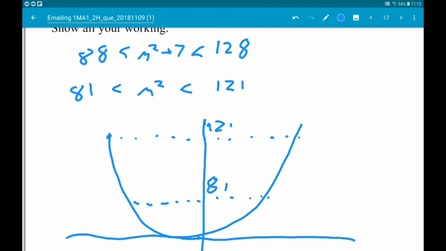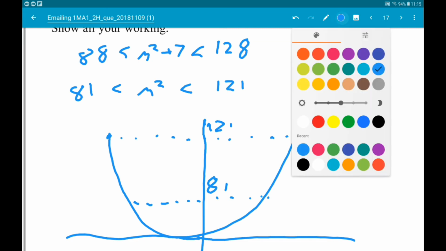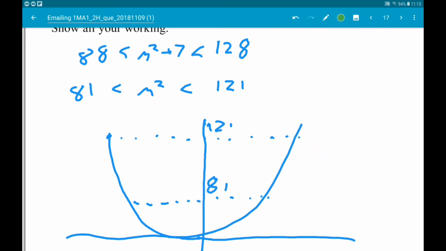So, what we're interested in are the values of m that make these two parts of the graph.